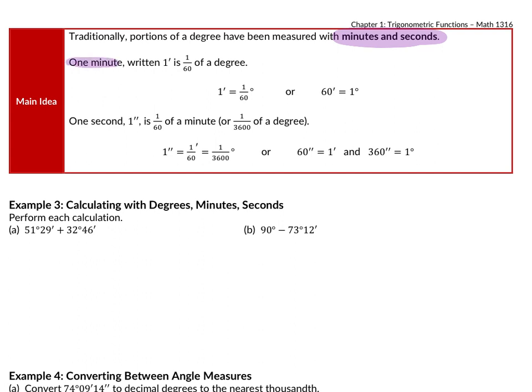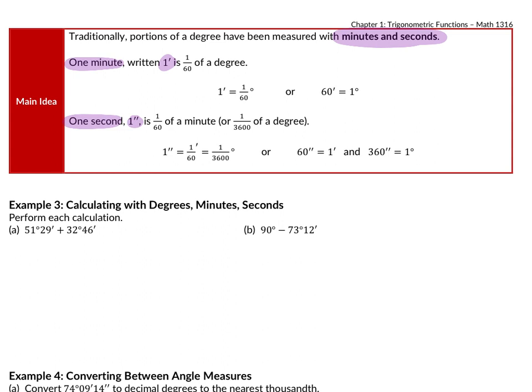1 minute, written like this, with a little tick mark for minute, looks like feet, but it's minutes, is 1/60th of a degree. 1 second, written with 2 tick marks, looks like inches, but it's seconds, is 1/60th of a minute, or 1/3600th of a degree.